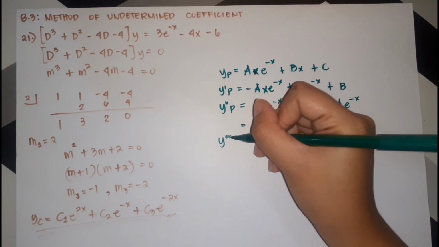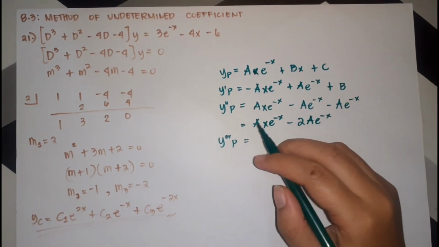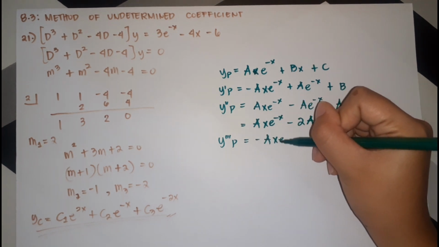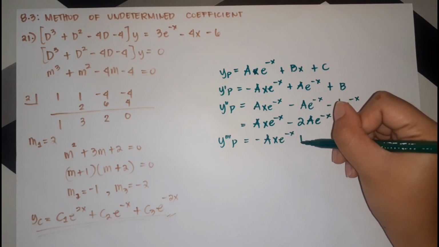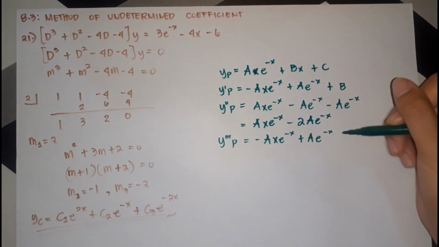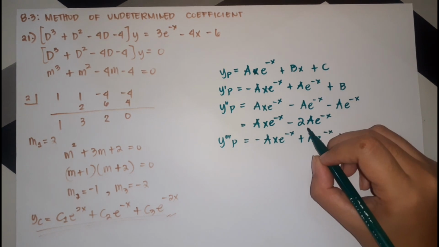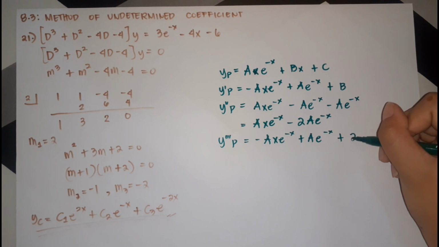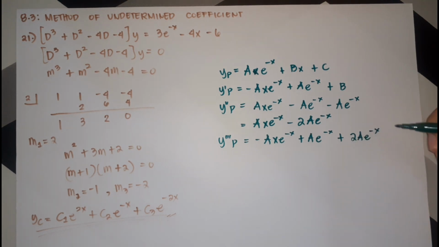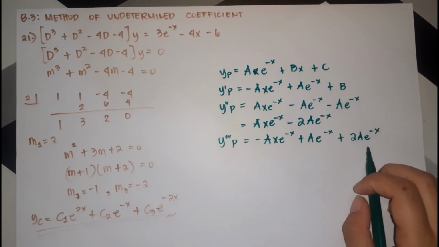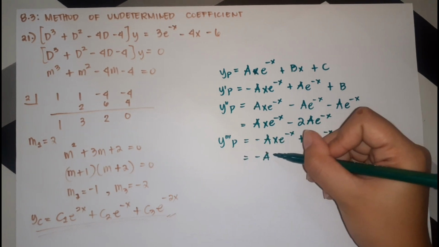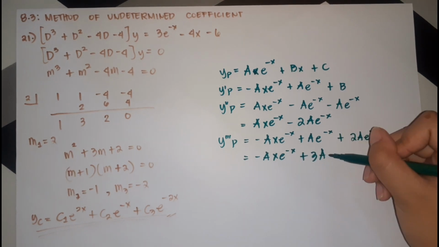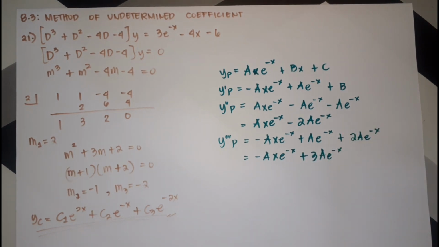Then the third derivative of y sub p will be negative ax e raised to negative x plus a e raised to negative x plus 2a e raised to negative x. Combining like terms again, negative ax e raised to negative x plus 3a e raised to negative x.